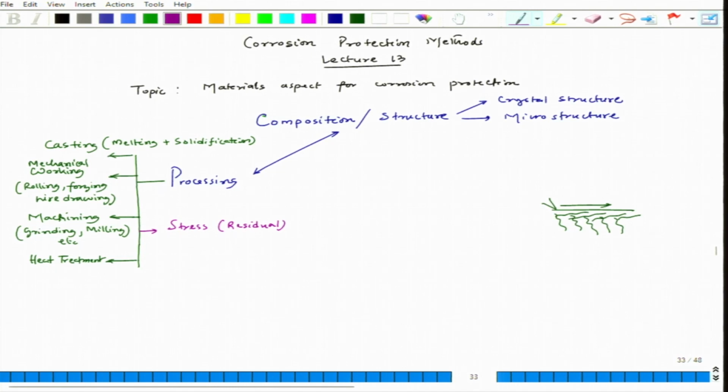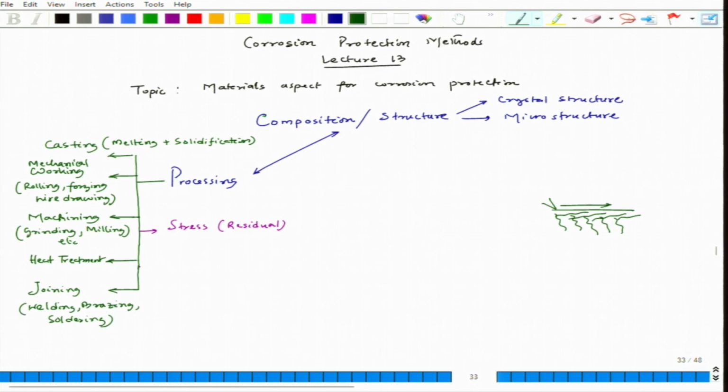For example, if we have, let us say, welding, we missed one more thing, which is welding. So, let us consider that joining part. Here joining means welding, brazing, soldering.